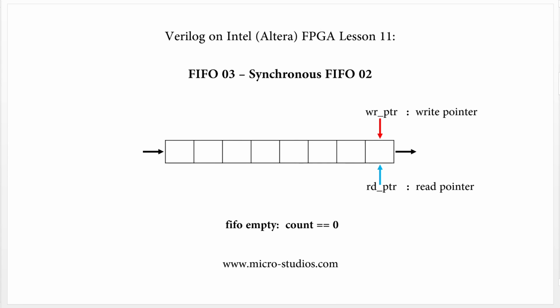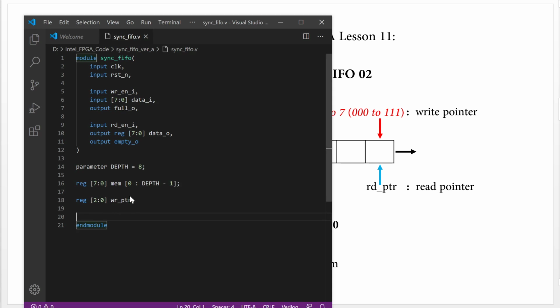The write pointer will go from 0 to 7. Here is 0, 1, 2, 3, 4, 5, 6, 7. In binary it is 000 to 111. This is binary format. So there are 3 bits, 1, 2, 3. So we define the write pointer from 2 to 0.